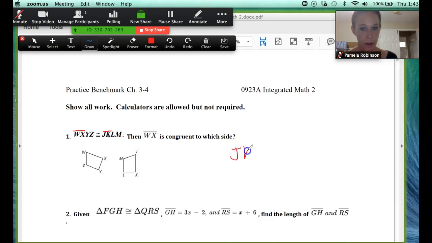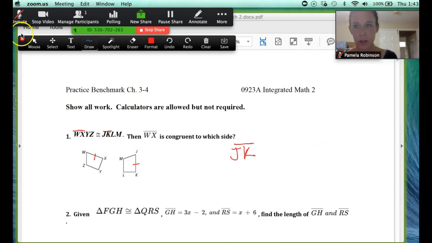If I rotate this slightly, you can see that's true. This side should be congruent to this side. But you need to label them in the correct order.